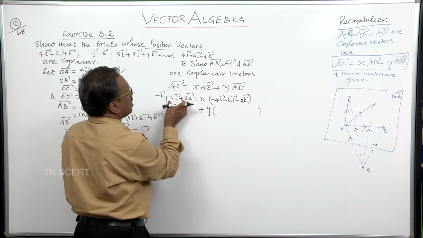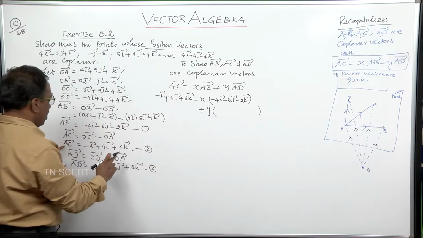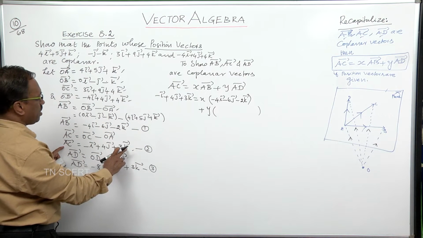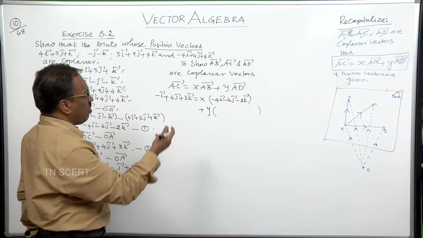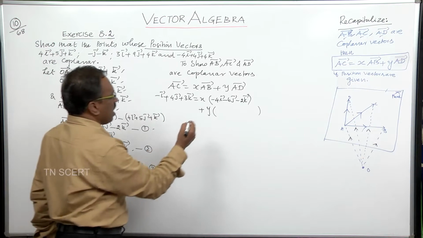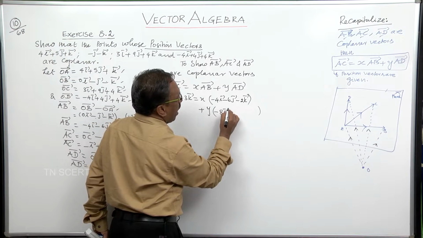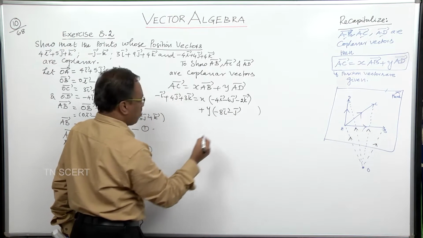AC is minus i plus 4j plus 3k, x into AB vector is this part, and for AD minus 8i minus j plus 3k.